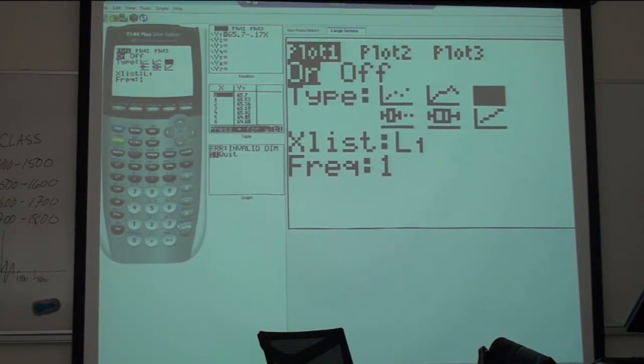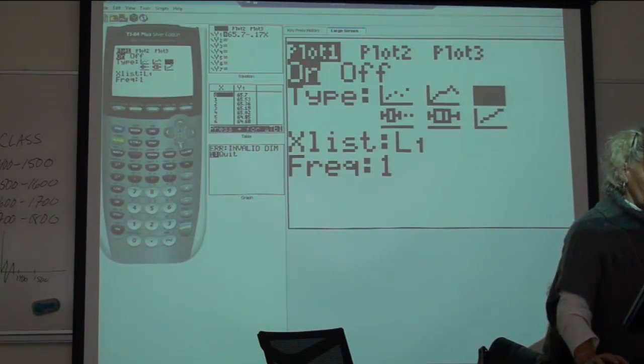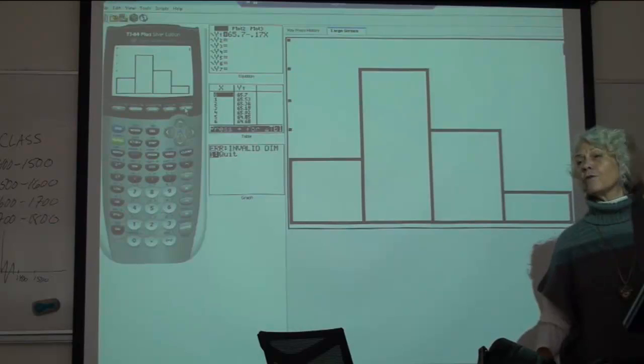And our values are in list 1. And frequency, we haven't done where we could be graphing something that has 7 of number 1s and 10 of number 2s. We haven't done that. So our frequency of each of our data values is 1. Okay? So let's just finish, enter, so that it knows what we want to do. And then we're going to graph. Beautiful.